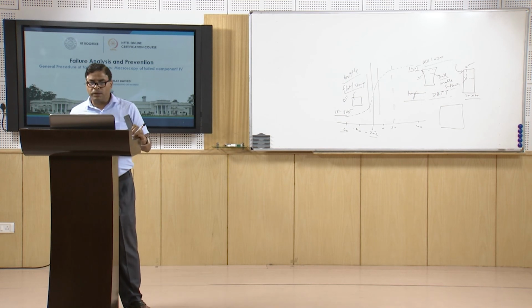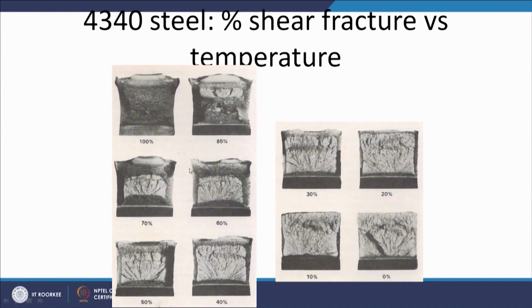As we further lower the temperature, we find the shear fracture is limited to 60%, and the remaining 40% is the brittle fracture. As we come down to further lower temperatures, we see that the shear fracture has been reduced significantly and the brittle fracture has increased.